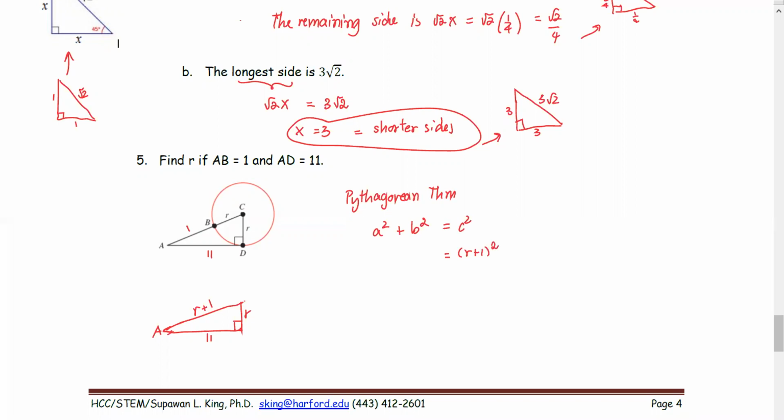Then the two shorter sides, 11 squared plus R squared. And then clean up. 11 squared is 121. R squared equals R squared plus 2R plus 1. R squared reduces. So your 2R equals 121 minus 1, or 120. That gives you R equals 60.